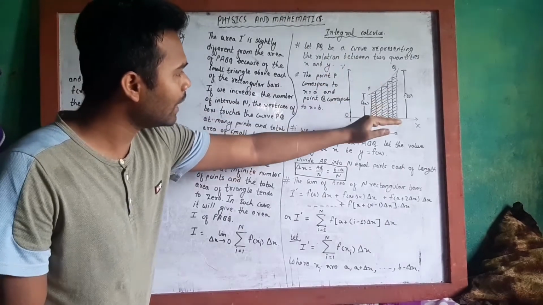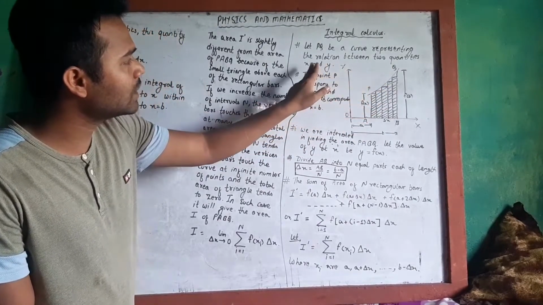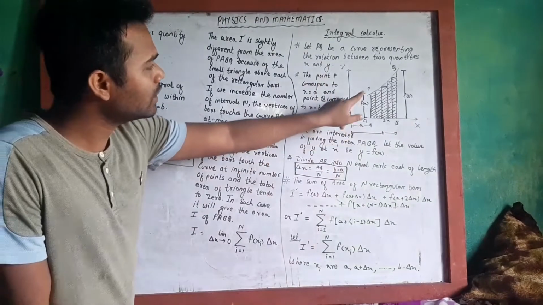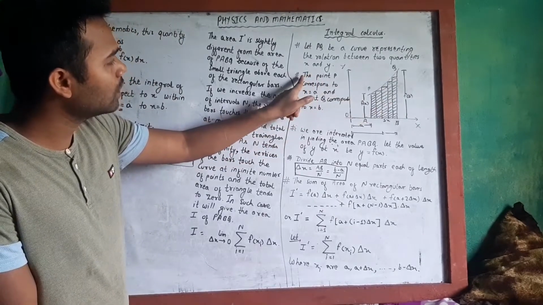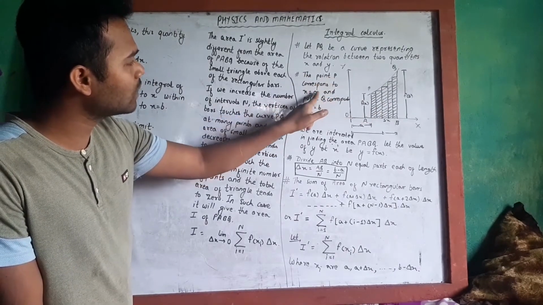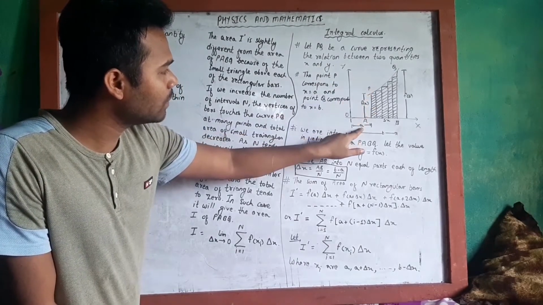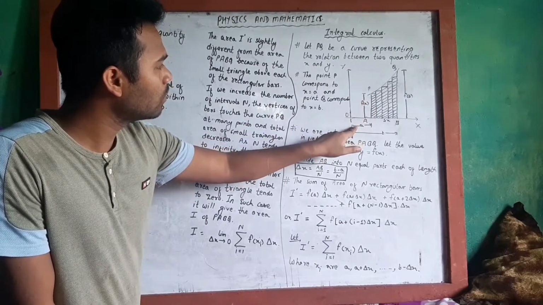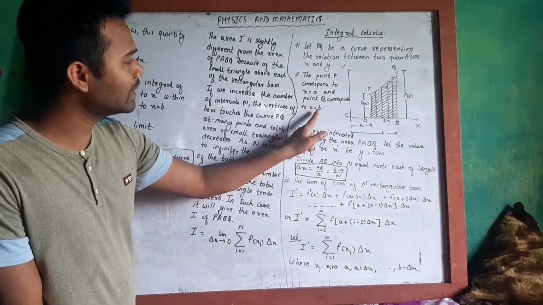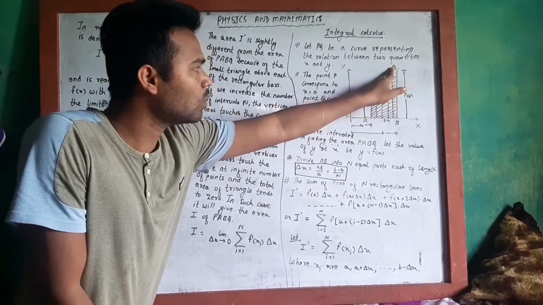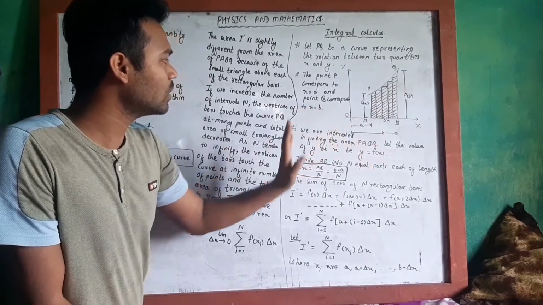Here, in the x-y plane, let PQ be a curve having the relationship between x and y, and let there be the points P and Q. The point P corresponds to x equals A. Here, the x coordinate of P is A, and point Q corresponds to the point x equals B. The x coordinate of this Q point is B.